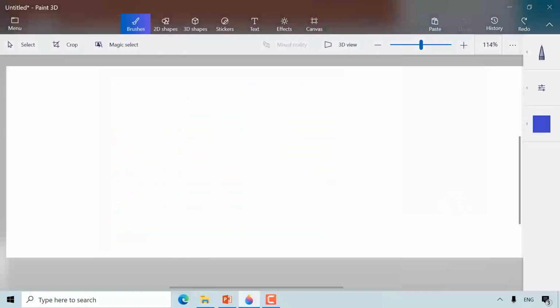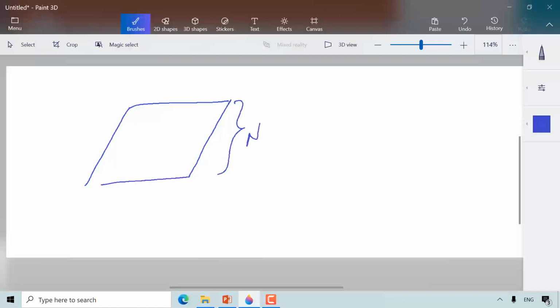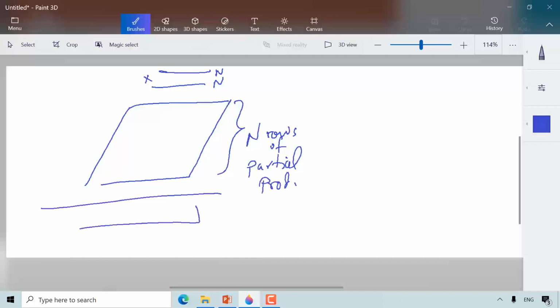So suppose I have this number of rows of partial products. I multiply two numbers, multiplier and multiplicand, multiply the two of them, and these are the rows of partial products. Then I add them to get the final product.